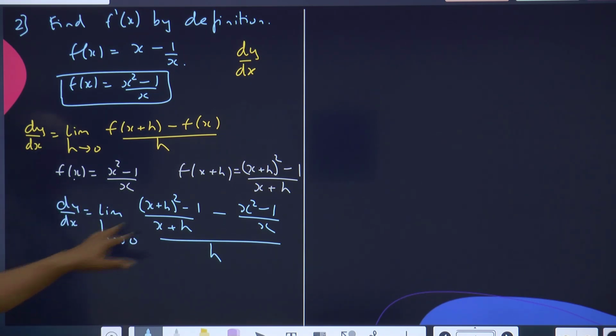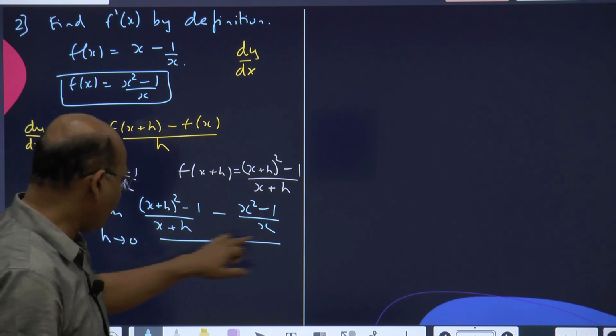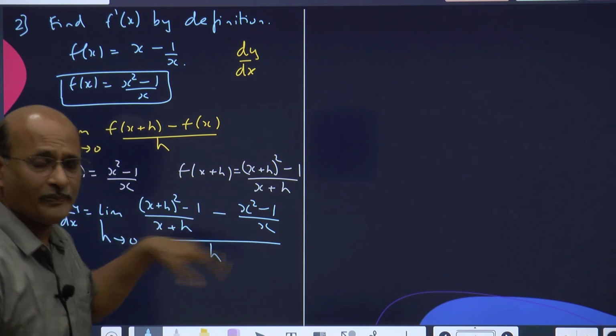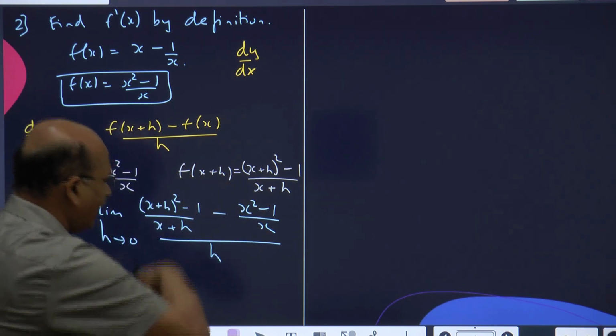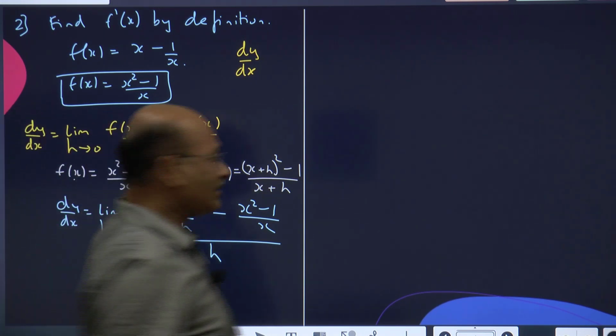If you look at this pattern, this is solving a limit question. But in the numerator there are many fractions, so the best way is to find the LCM and simplify. Let us see what comes out of it.